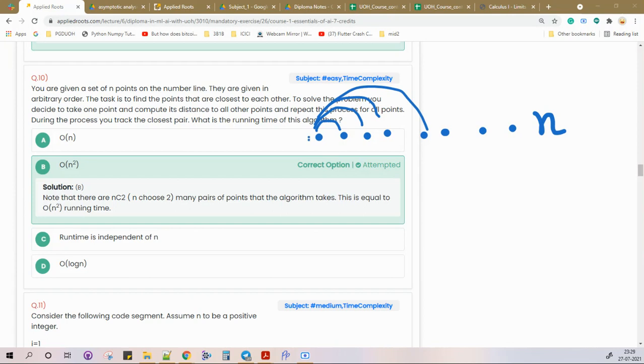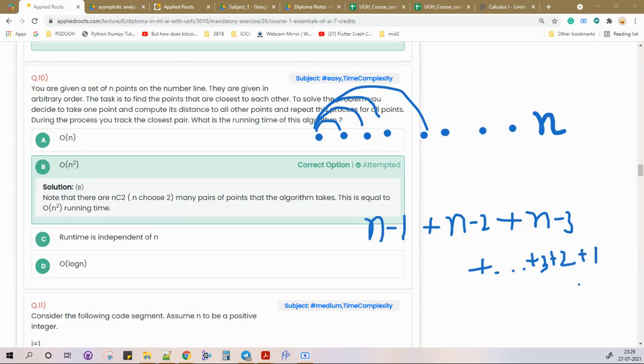So I am comparing my first term n minus 1 times. The second term would be compared n minus 2 times, right? I don't need to compare with the first term, correct? Then I will compare the third term n minus 3 times. Similarly, the third last term would be compared 3 times, then 2 times, then 1 time, like this.